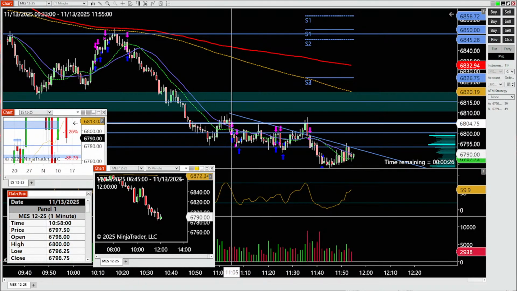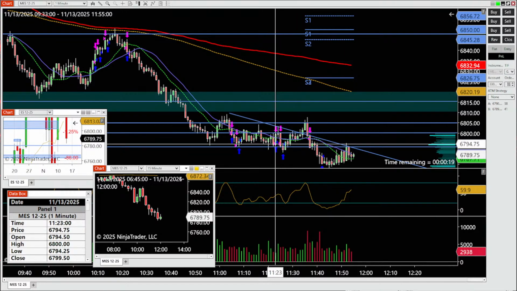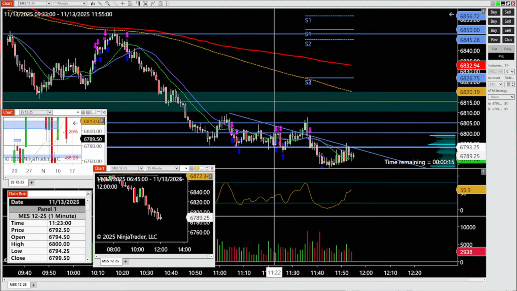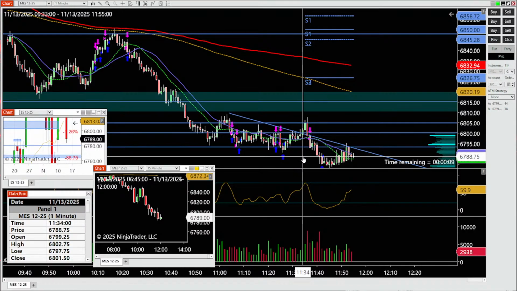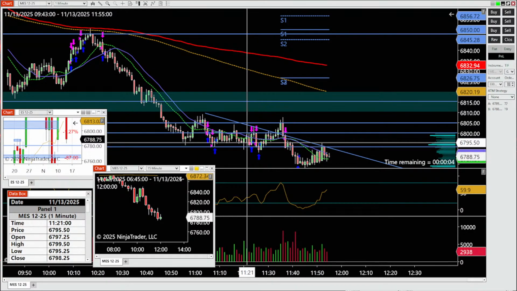Here, pullback, continuation trade down. Here, I got chopped out looking for the breakdown. We consolidate a little bit. Was looking for the breakdowns, but I got chopped out here some. And then I had a good trade here on a continuation down.